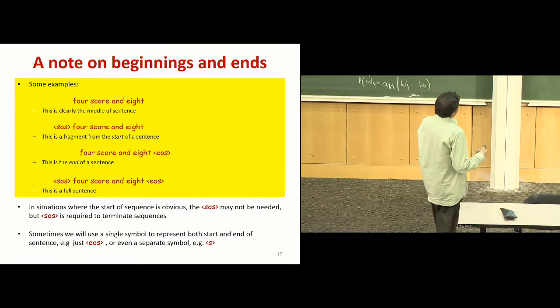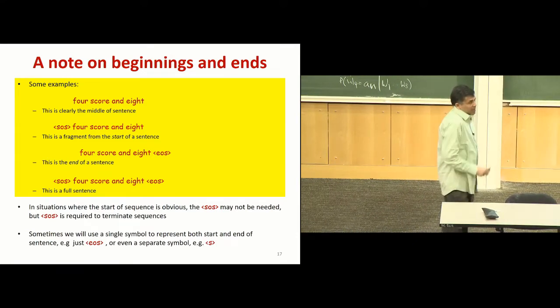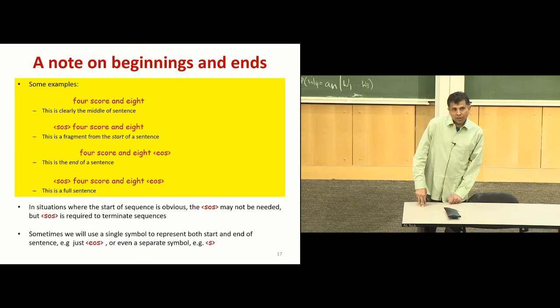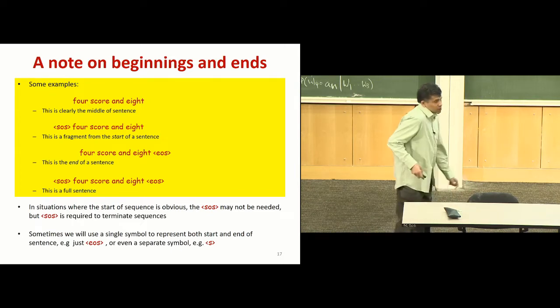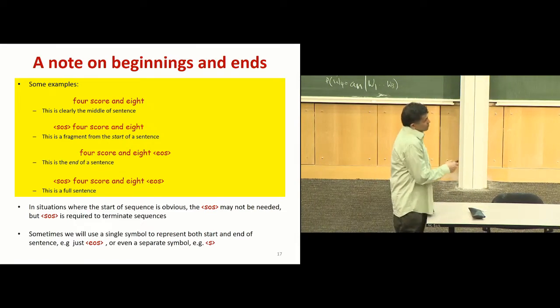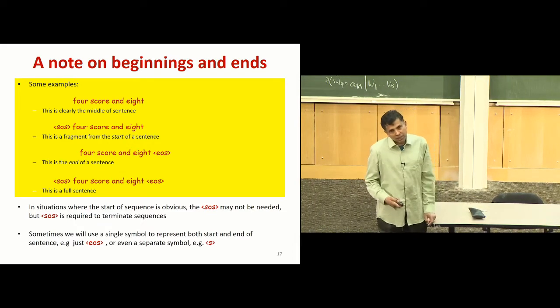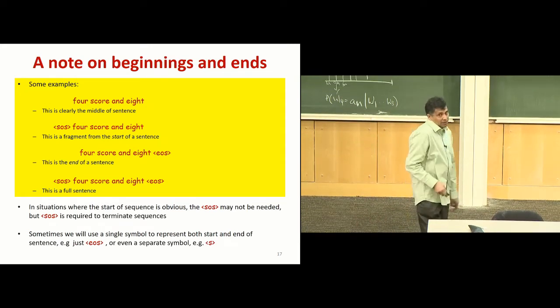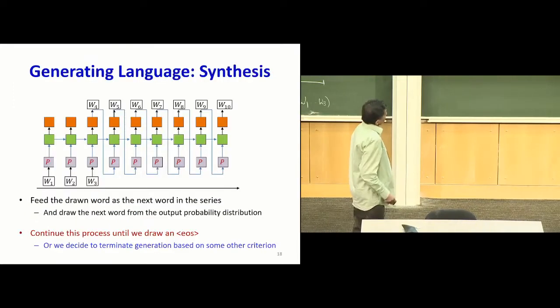Now, we may not always explicitly use the start of sequence symbol in situations where the start of the sequence is obvious. It may not be explicitly represented. Also, as an engineering device, often instead of using 2 distinct symbols, we may just use 1 symbol to represent both the start of the sequence and the end of the sequence. Now, continuing.